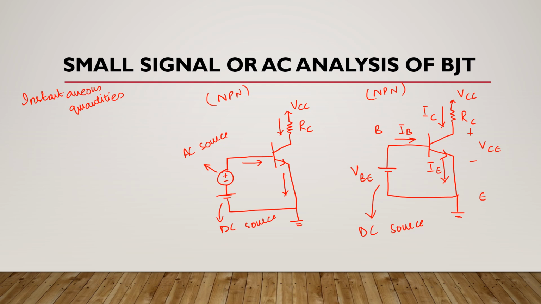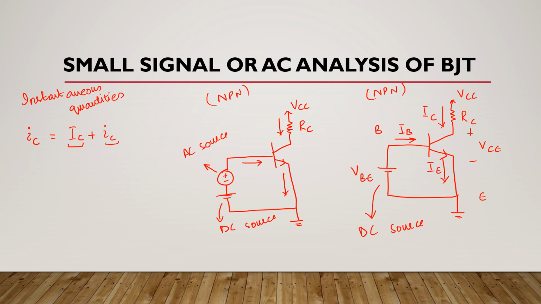It means here we have collector current, which is sum of DC collector current and AC collector current, because we know that we write AC or time varying quantities in lowercase with lowercase subscript, and this is a DC quantity which is written in uppercase with uppercase subscript. So this instantaneous collector current will be like this. It means it is written in lowercase with uppercase subscript.